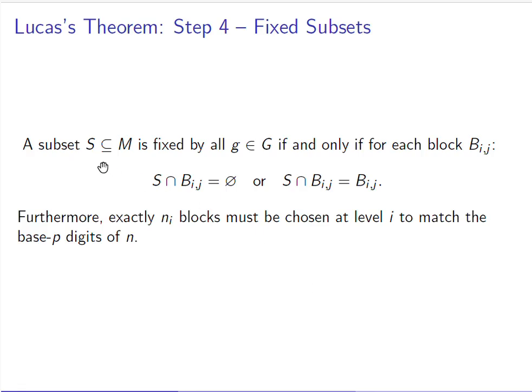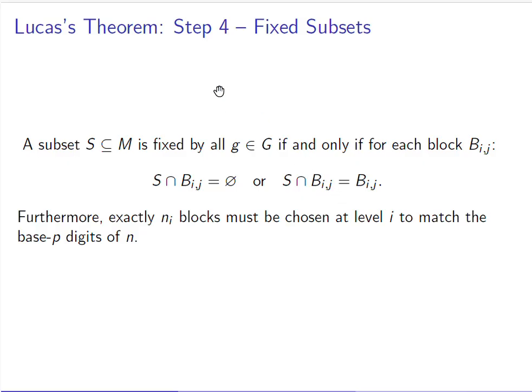Now, based on the way we define the action, you can see that for a subset to be fixed, it must either intersect a block trivially, so the intersection is empty, or it contains the whole orbit. The point here is that a fixed subset cannot contain part of a block.